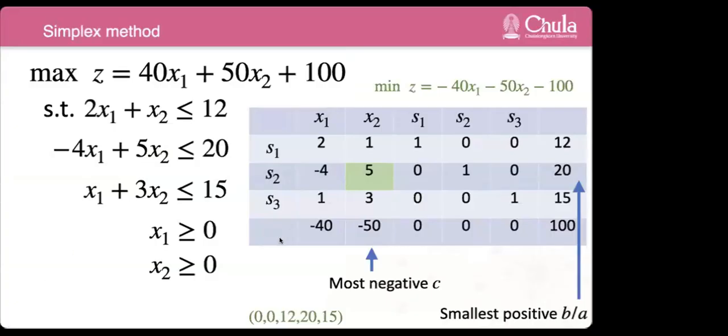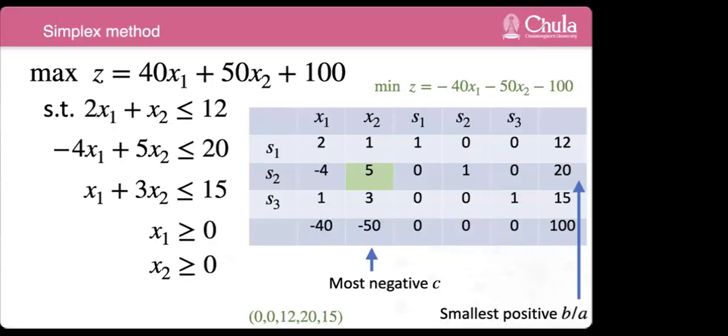Now we look at the bottom row. x1, x2 are non-basic variables, where we force them to be 0. But if we allow them to increase by 1 unit, what will happen to the objective function?